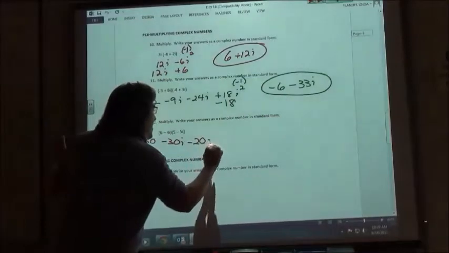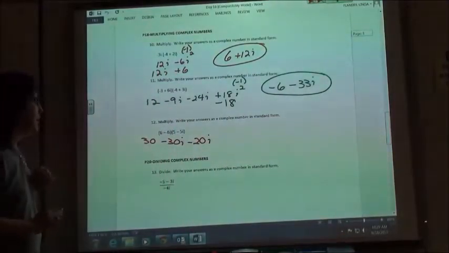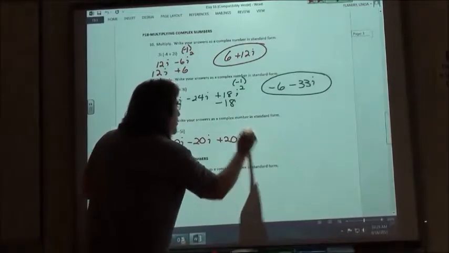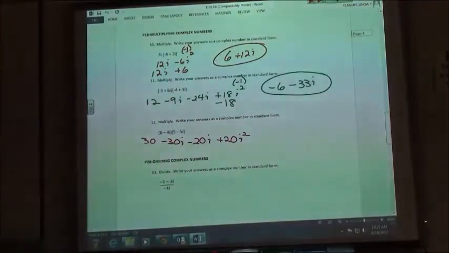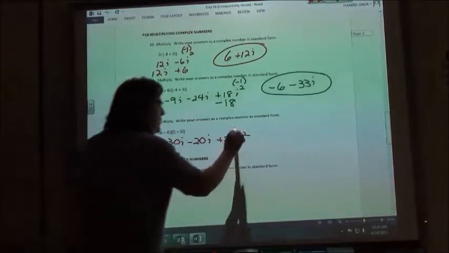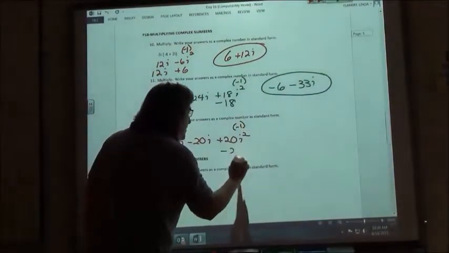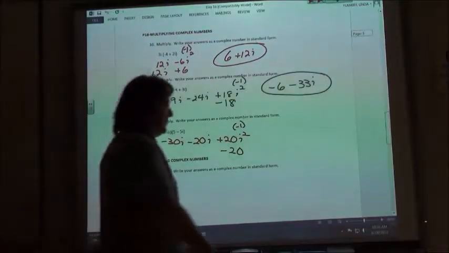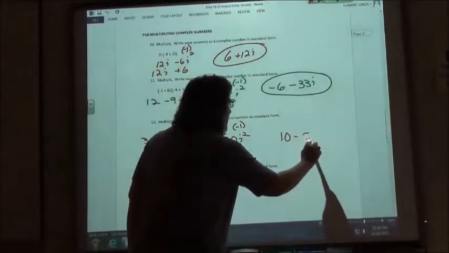Minus 20i. Plus 20i squared. I'm then going to do what? Make that negative 20, since i squared is equal to negative 1, and then combine my like terms. So my answer, 10 minus 50i.